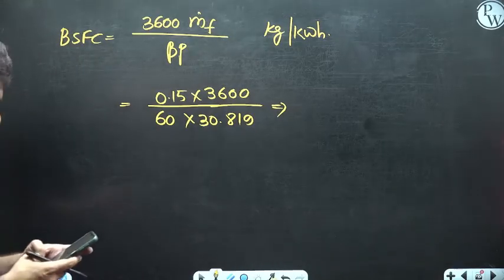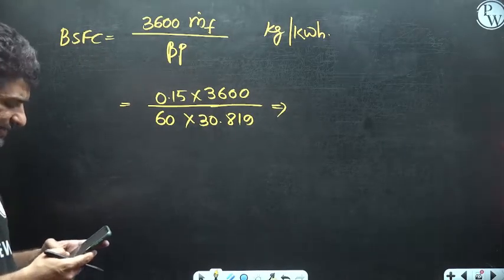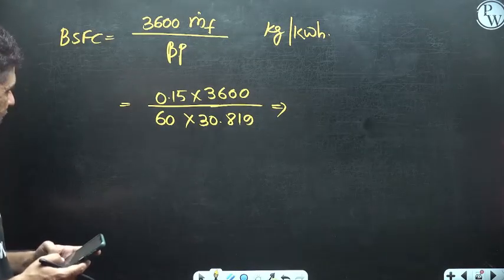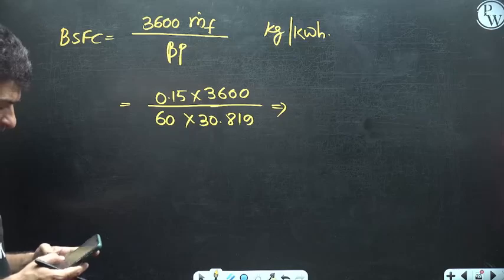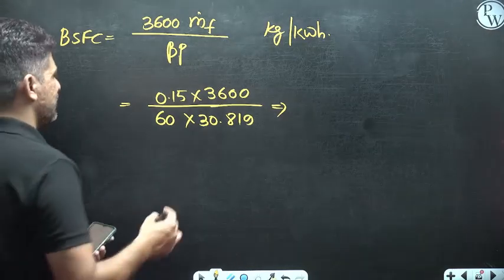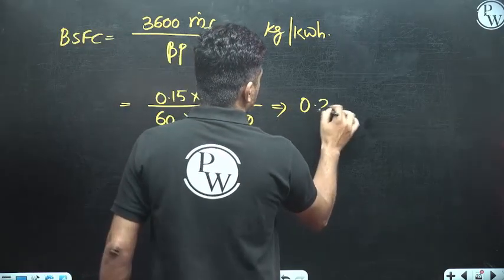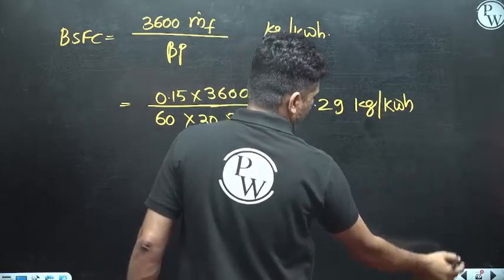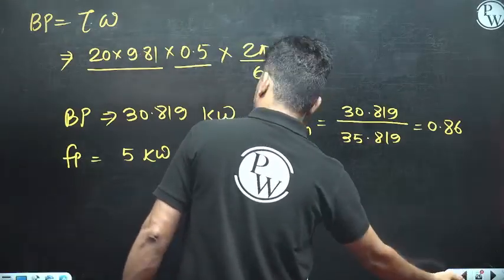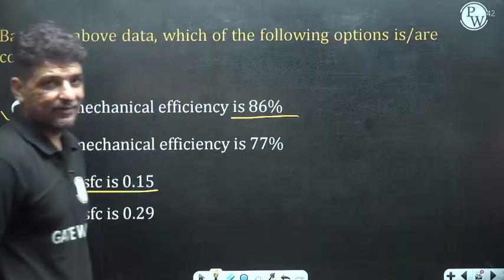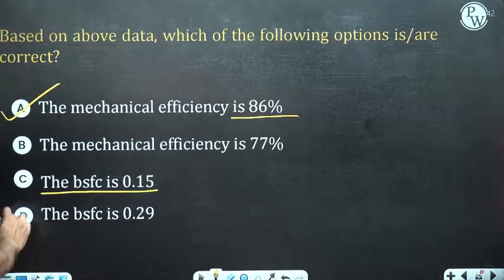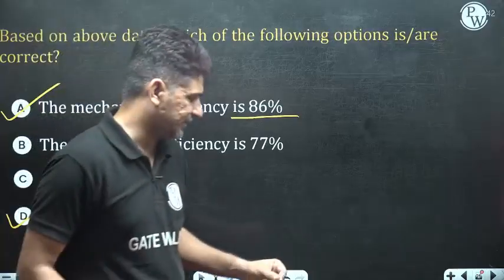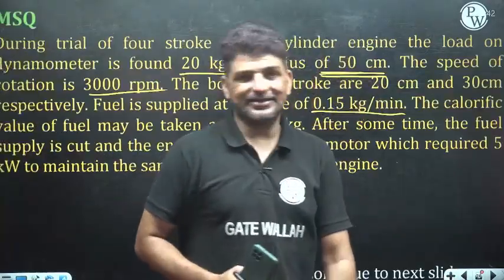So you can calculate 0.15 multiplied by 3600 divided by 60 divided by 30.819. This comes out to be 0.29 kg per kilowatt hour. So you see that the second option, 0.29 kg per kilowatt hour, is correct. Is it clear to you?